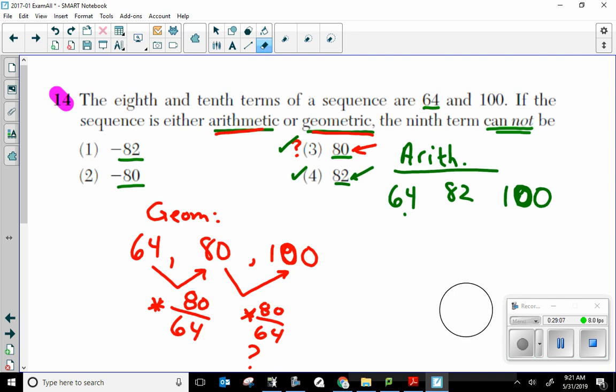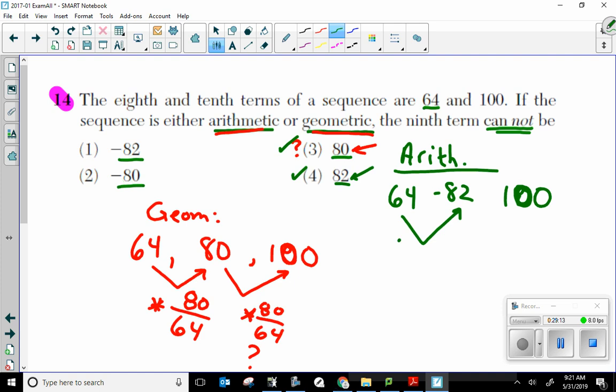How come? Because if I make this negative 82, I would have to literally add a negative, oh my God, 64 and 82, 146. If I add another negative to a negative, I won't go back to positive. So neither of these will work for arithmetic. Okay, no, it doesn't work for arithmetic.